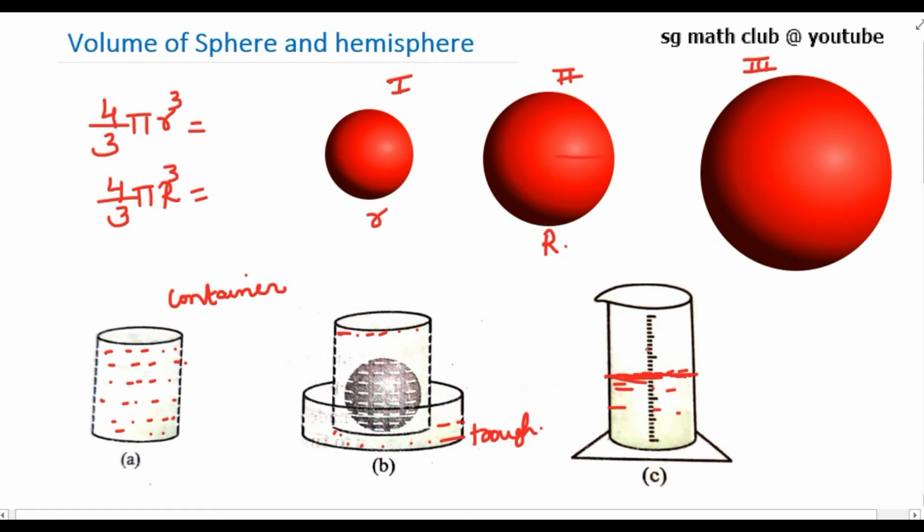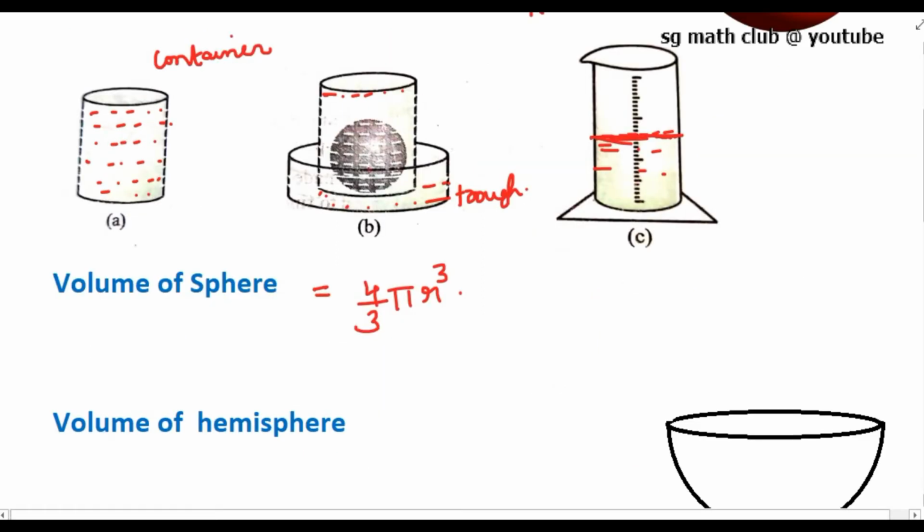So from this we can conclude that the volume of the sphere is 4 by 3 pi r cube, or 4 by 3 pi times the cube of the radius of the sphere. Now, the volume of the sphere is 4 by 3 pi r cube, and a hemisphere is half of the sphere.